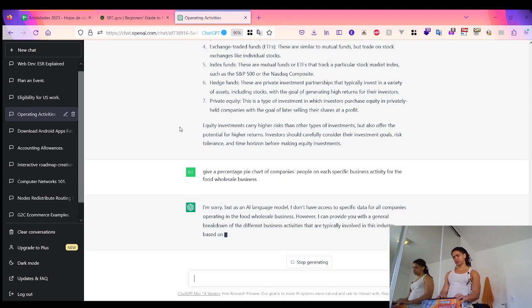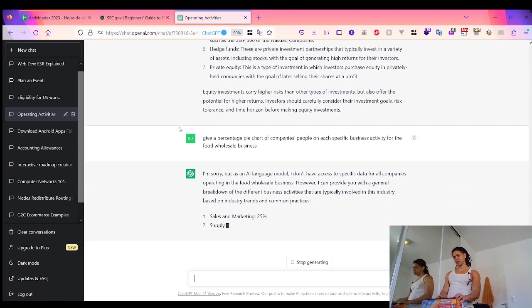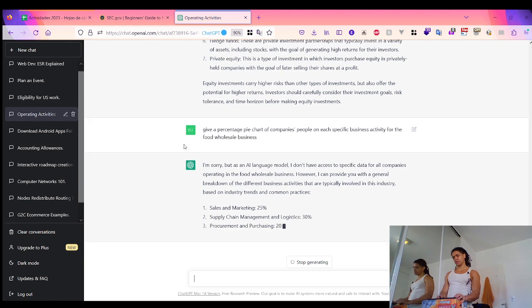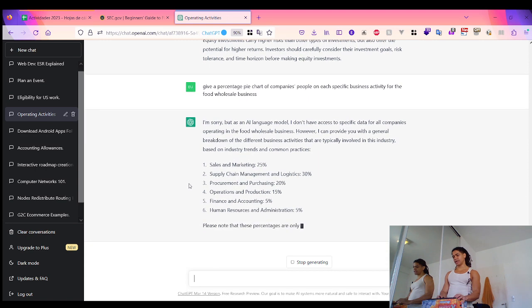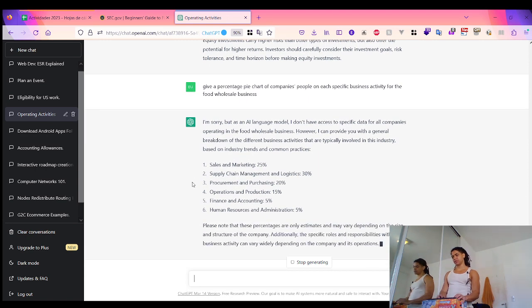I don't have access to specific data for all companies operating in the food wholesale sector. I'm sorry, but as an AI language model, I don't have access to specific data. However, I can provide you with a general breakdown of the different business activities that are typically involved in this industry, based on industry trends and common practice.